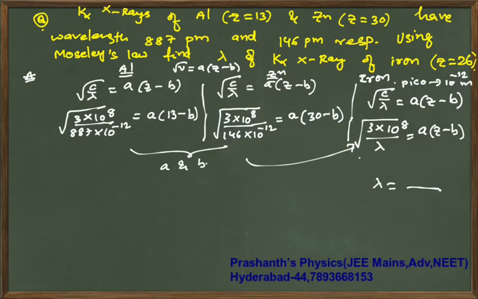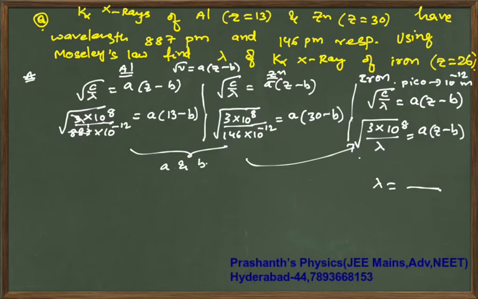Now how do you solve this? 887 is close to 900, so you can assume 300s, and 10 power 8 plus 12 is 10 power 20. Whatever values you are getting, you finish it off. Now it's better if we divide rather than doing this simplification.